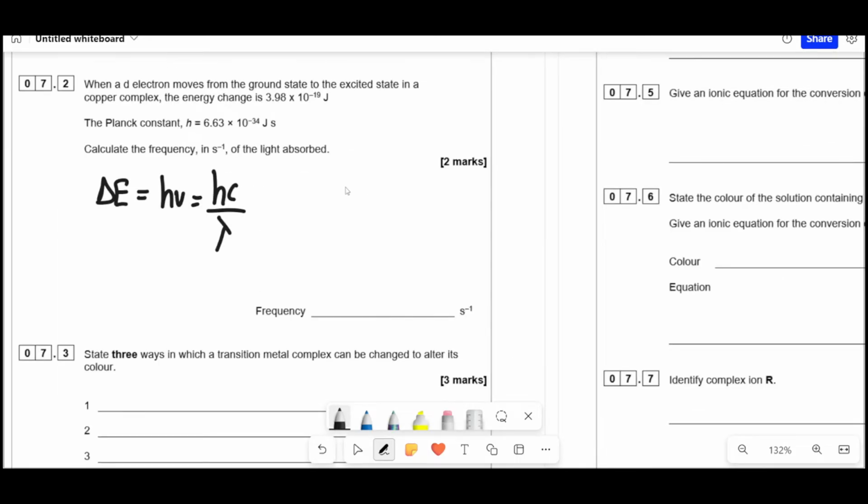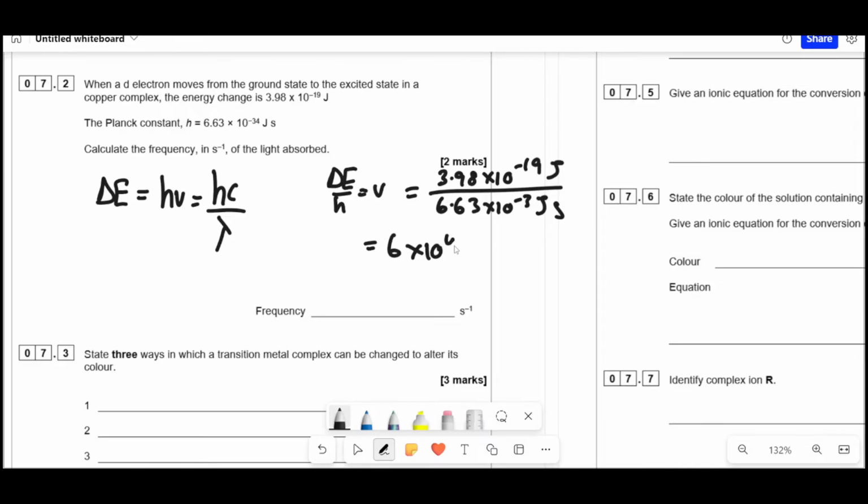So then that means that if E equals hv, then delta E over h can give you v, which is going to be 3.98 times 10 to the minus 19 joules over the Planck constant, which is 6.63 times 10 to the minus 34 joule seconds. Can you see how this would give you a unit that's in joules per second? It's a bit irritating because this is E equals hf, which is the frequency, for all my physics fellows. So that'd be 6 times 10 to the 14.